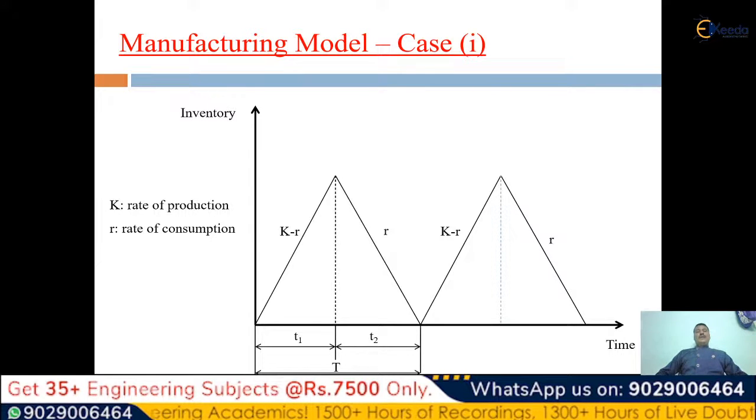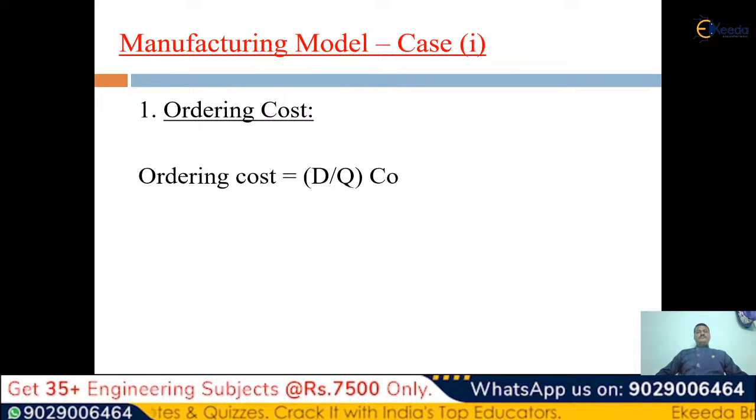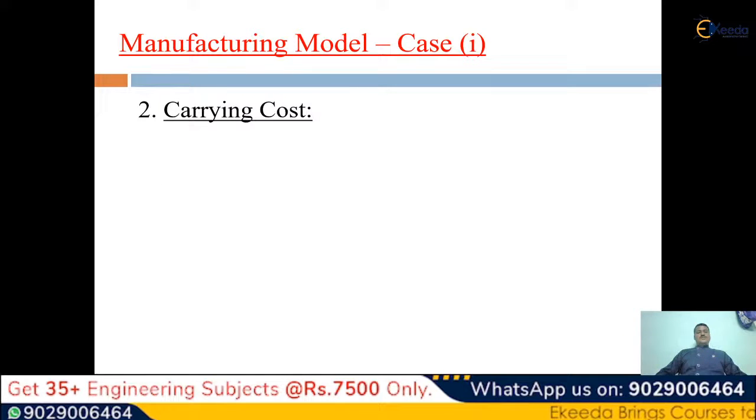Coming back to our topic, the manufacturing model of case 1 has the rate of production K and the rate of consumption R, and as per the difference between them, we have the different manufacturing models. In the usual manner, we find the ordering cost by utilizing the demand over quantity into the cost.